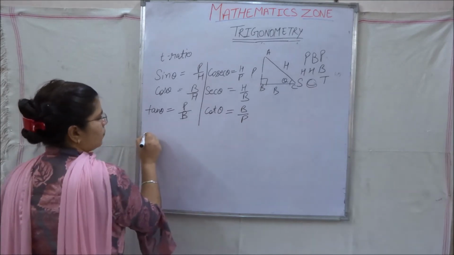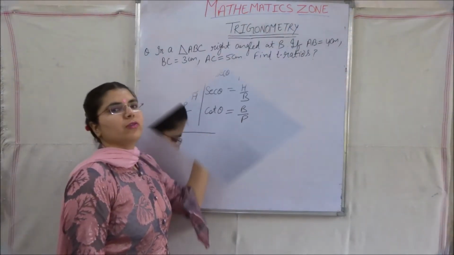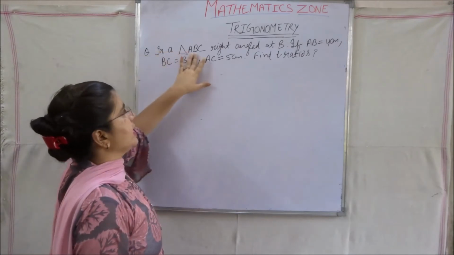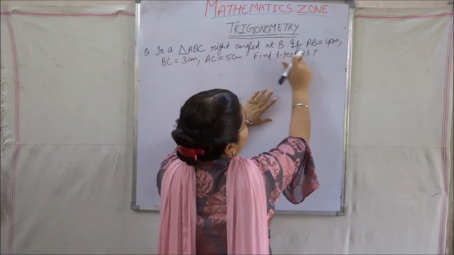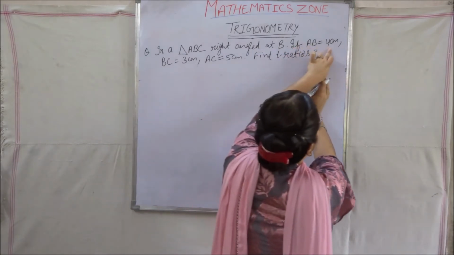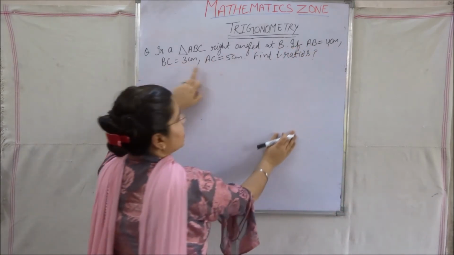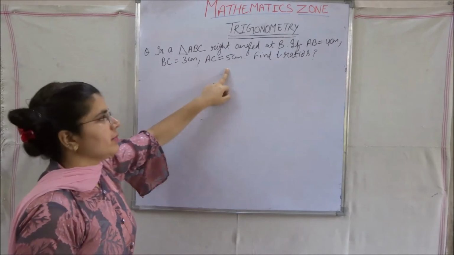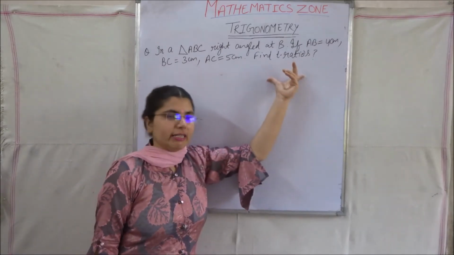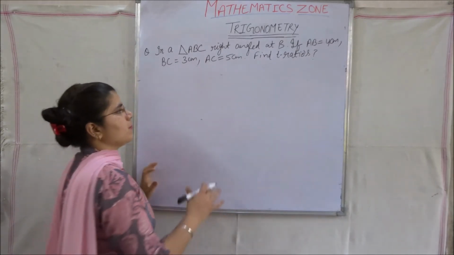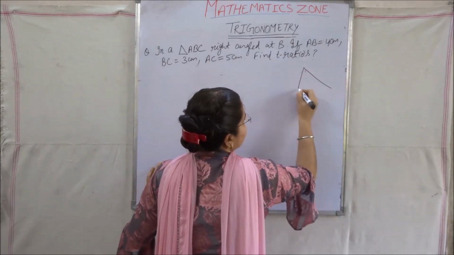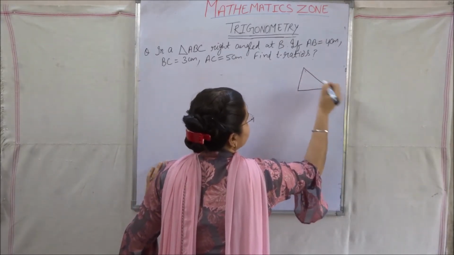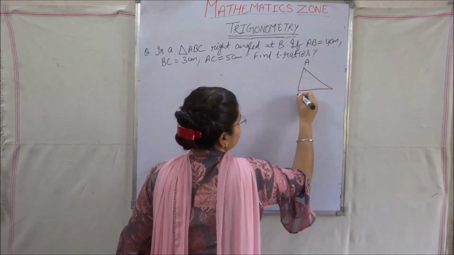Now we have an example. In a right angle triangle ABC, which is right angled at B, if AB is 4 cm, BC is 3 cm, AC is 5 cm, then find the T ratios. So first of all, to understand it, let us consider a right angle triangle ABC.